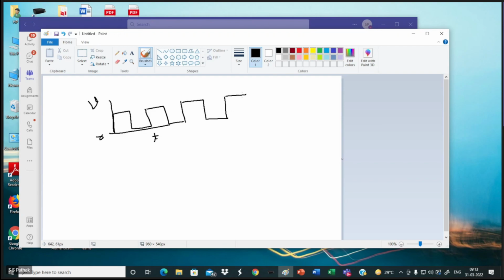You can see that. We have also seen this astable circuit, with the capacitor and resistance charging and discharging. We have seen the astable multivibrator giving the square wave output.